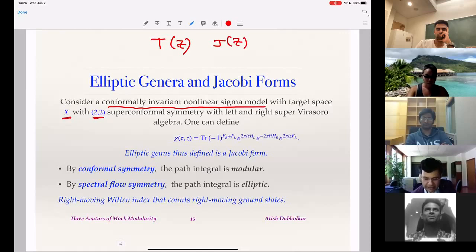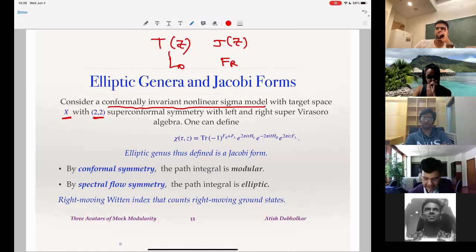And so you have L0 and J0, which are the zero modes of this T(z) and J(z). So, okay, I have called it J left maybe here. And actually, I have called it F right, in fact. So let me erase this. So F right is like the zero mode of J(z), and much like the L0 is the zero mode of the stress tensor.